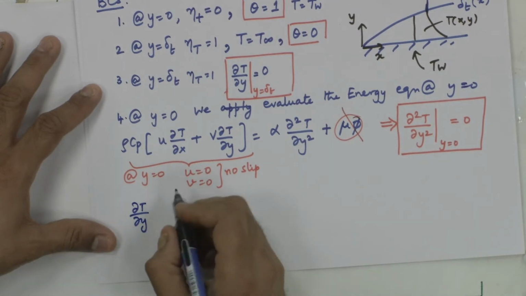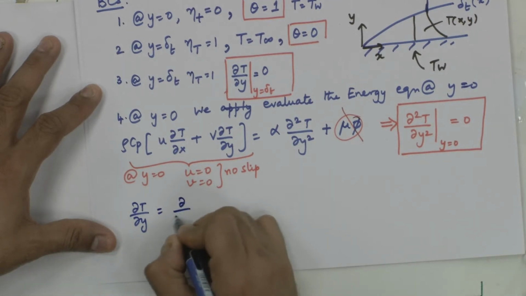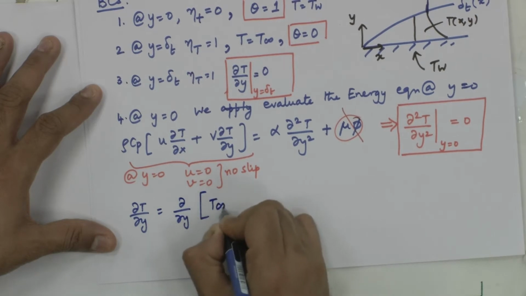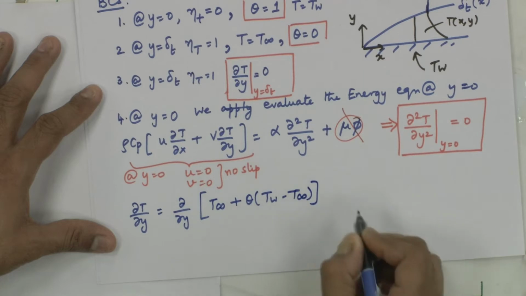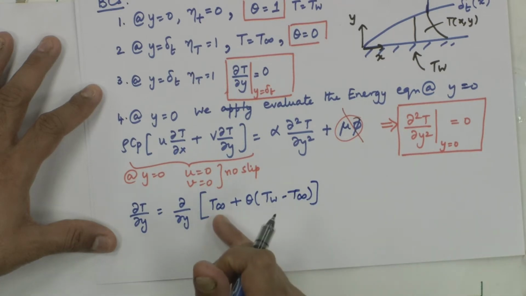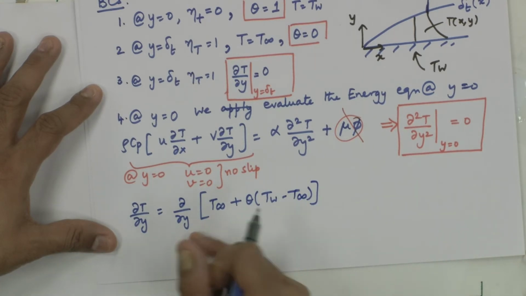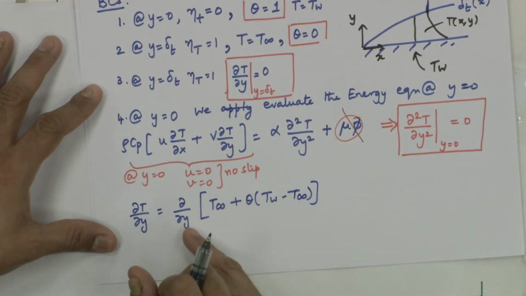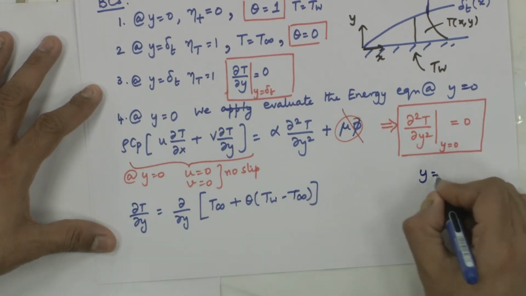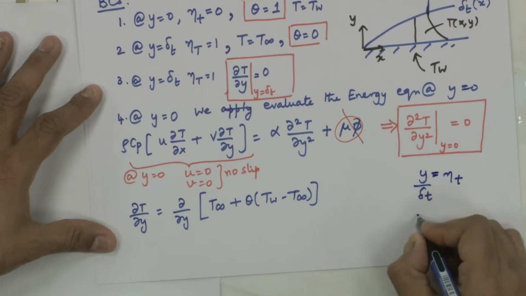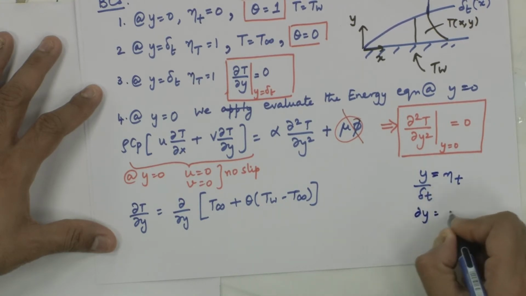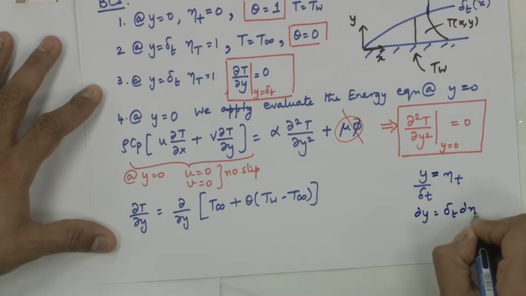dT by dy has to be evaluated as d by dy of T infinity plus theta times (T wall minus T infinity). If you do the maths, dT infinity by dy will be 0, and you change y to eta t equal to y by delta t. So, dy is equal to delta t d eta t.